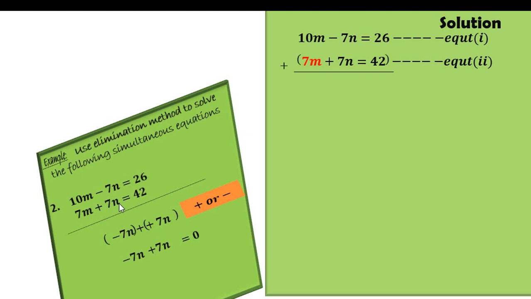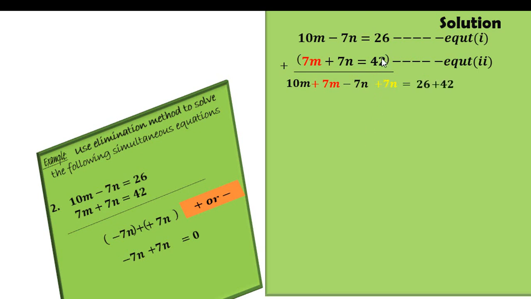So you see, we are adding equation 1 to 2. That is what eliminates n. So you can have 10n plus, this time around, plus 7n. So you have minus 7n up here, then plus 7n, then equal to, you see nothing is changing, 26, then plus 42.